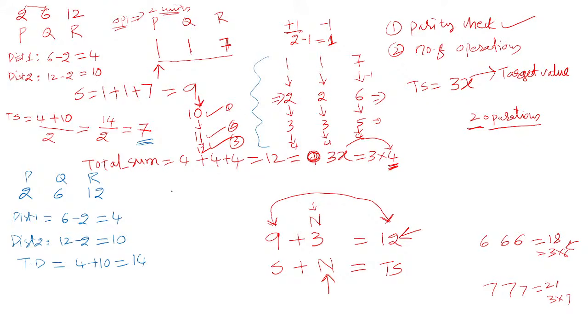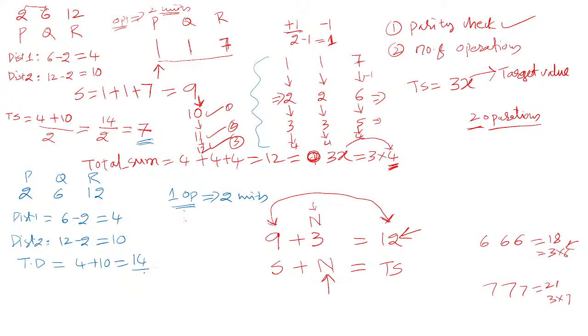So you know that in one operation you are reducing the distance by 2 units. Then the total gap is 14 units. To make this gap 0, how many such operations are required? Like this, in one operation 2 units, in another operation 2 units, like this.